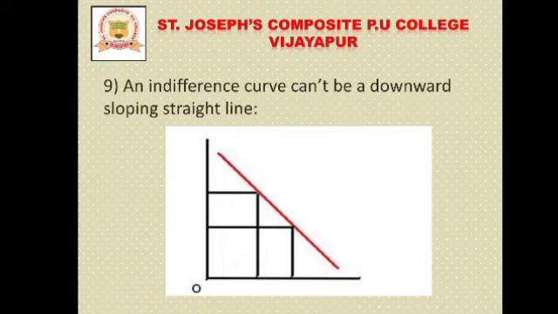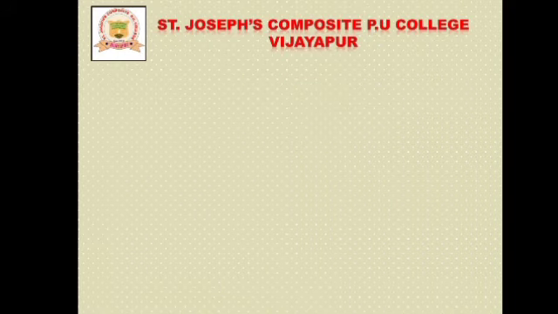If it were shown like this, as a straight line, then the marginal rate of substitution would remain constant, which is also unrealistic. So we can say that an indifference curve cannot be a downward sloping straight line. These are the properties or features of an indifference curve.